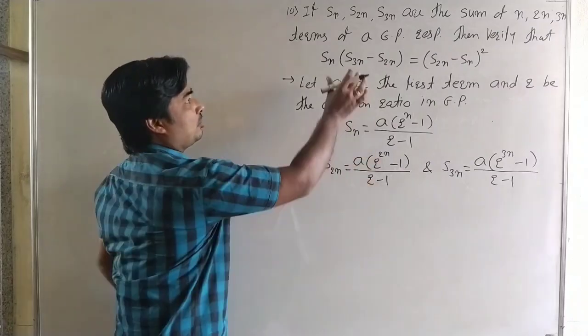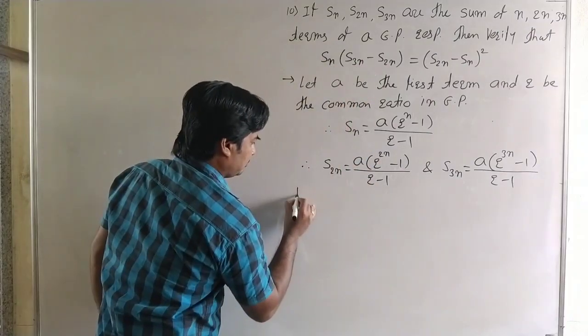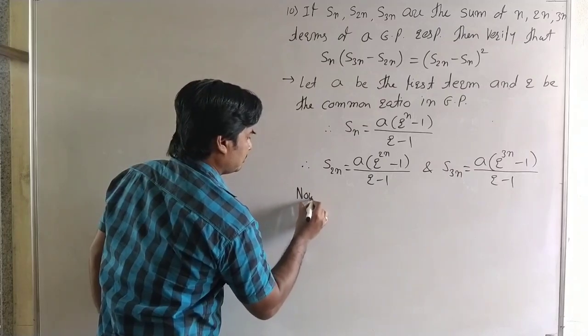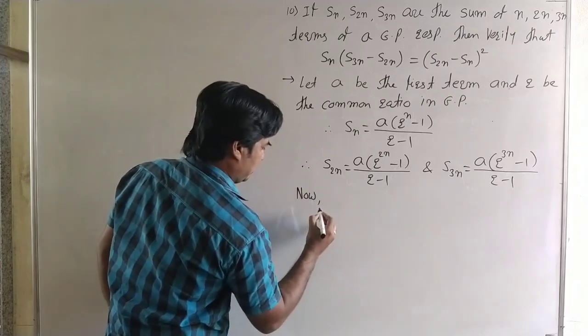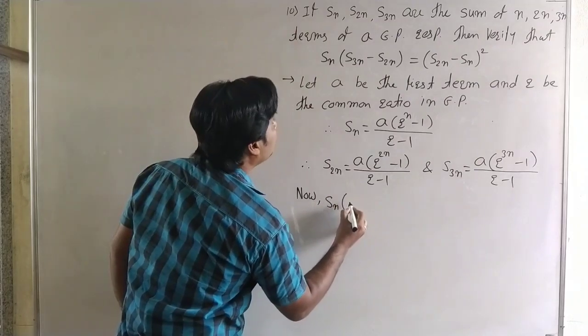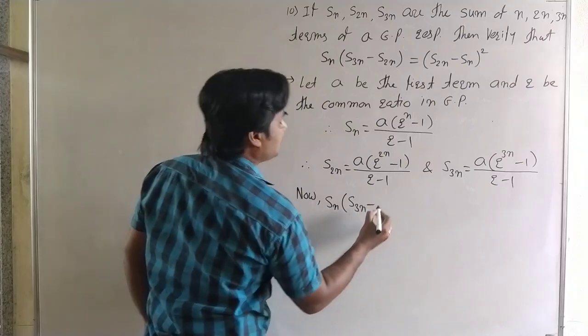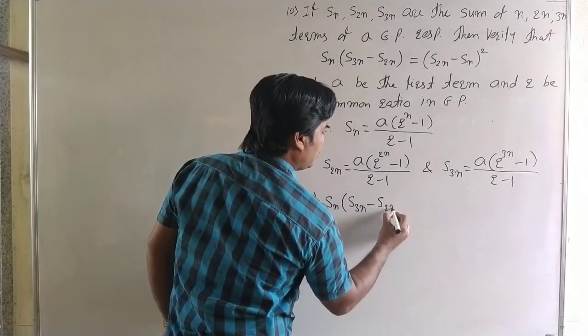Now first we find the value of the LHS. We find Sn into S3n minus S2n.